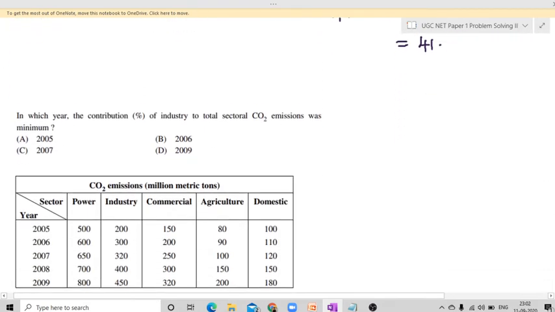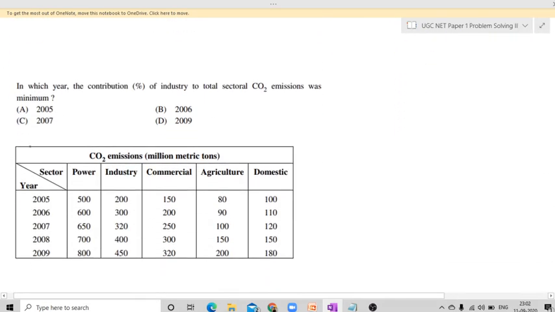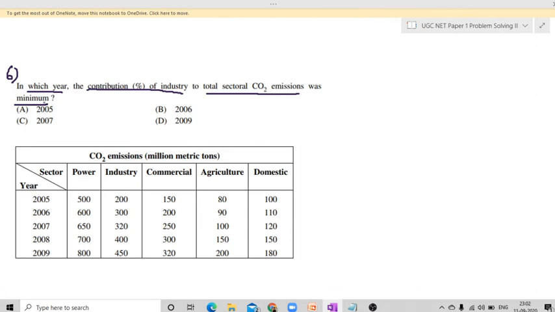And we have one more question, question number 6. That's the last question here for this session. So yes, let's see the question. In which year was the contribution of the industry to the total sectoral CO2 emissions the minimum? So we are asked to find in which year the industry's share of the total CO2 emissions is minimum.